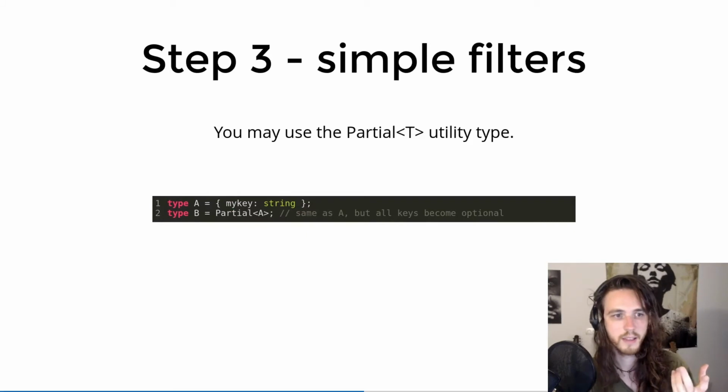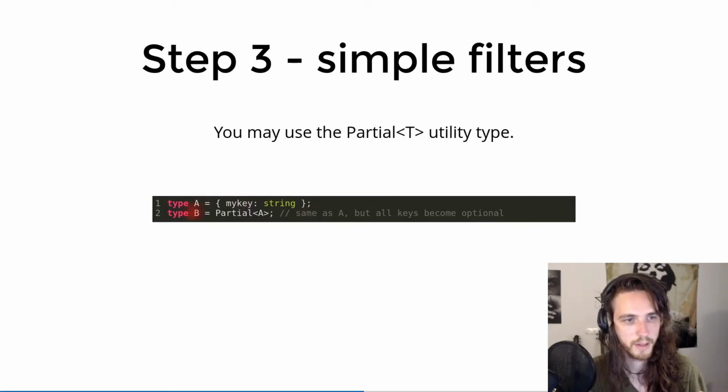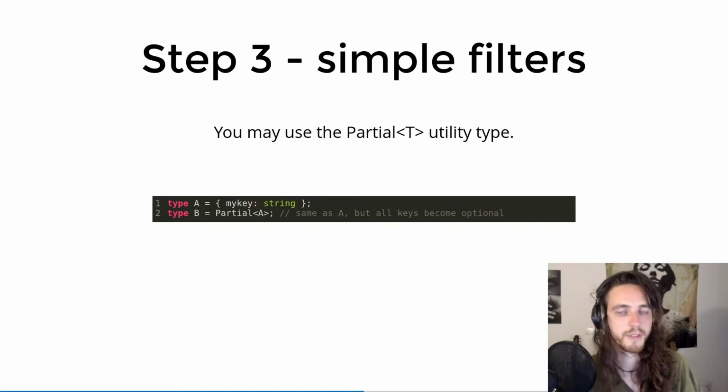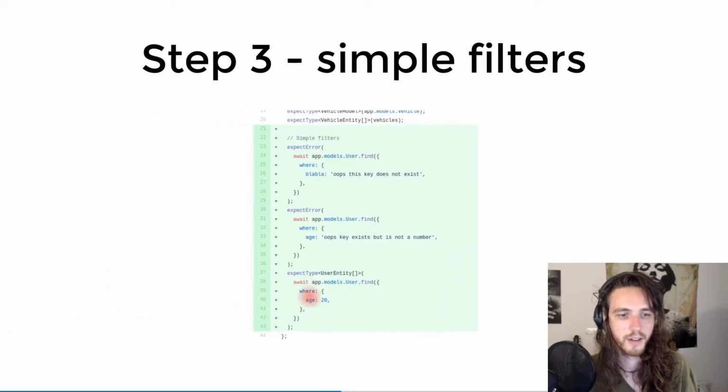So when you say that A is some object, if B is Partial of A, then B will be A, but with optional keys. So as you can see, we can use it to represent a partial of user entity. So now that you know that, well, I'll leave you to it. I'll come back in a few seconds with the solution.